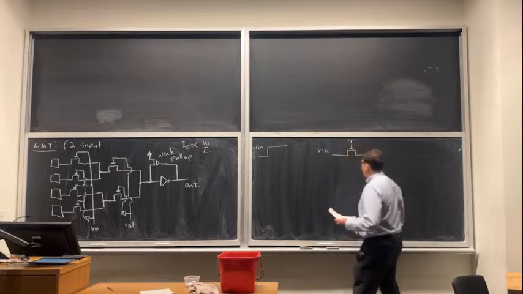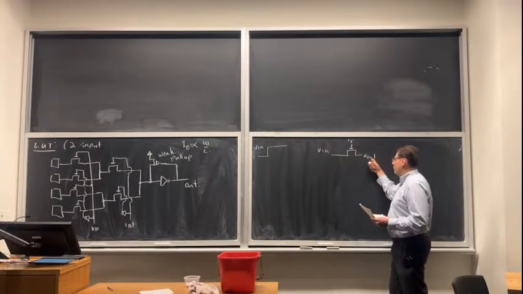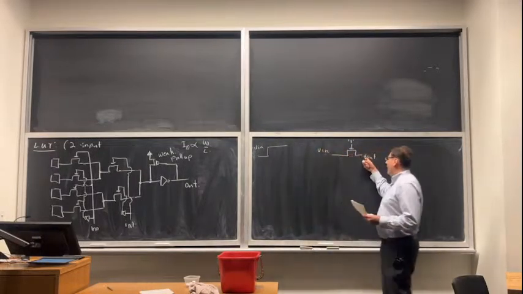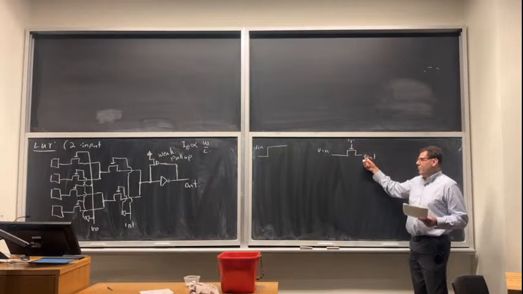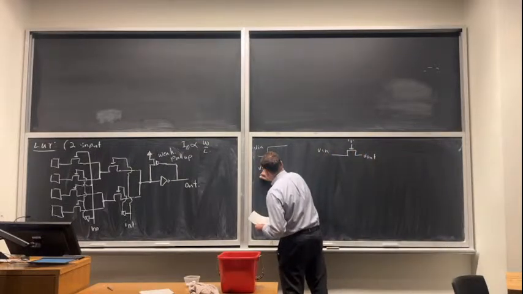So that's VDD. So I've turned this pass transistor on. I put a certain V in. What do I get as my V out? When V in is 0, a pass transistor can transmit a 0 well. So your V out looks like that.